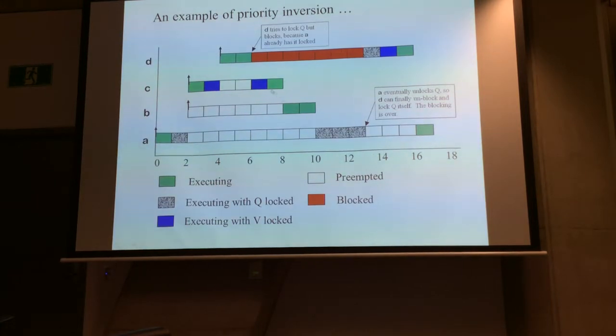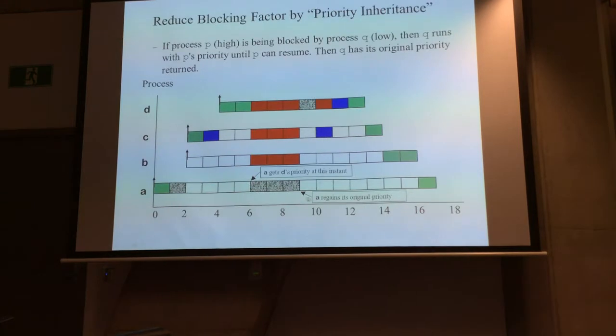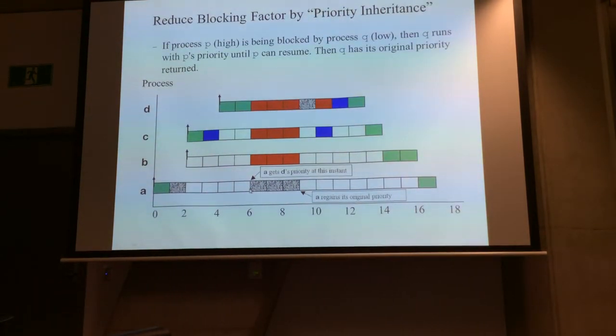Where I put the mouse now, those segments of code are not going to execute because A has now a higher priority than B and C. So it runs, in fact it's got a higher priority than D even. So it runs, and as soon as it releases the resource, it gets its original priority back, so it gets preempted immediately, and the higher priority task can then be treated like a higher priority task.